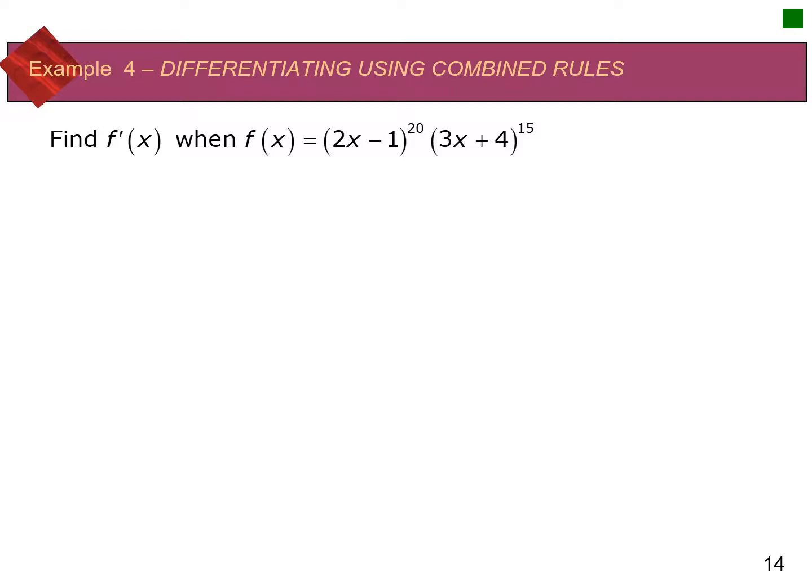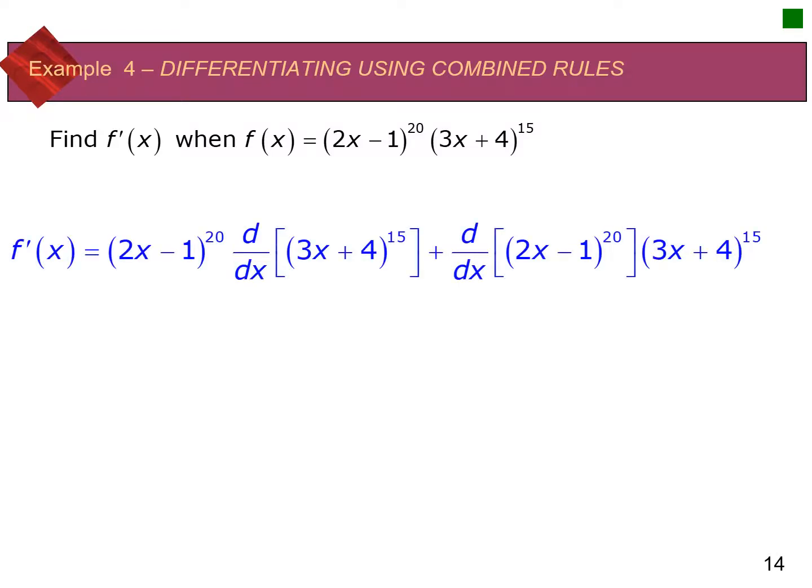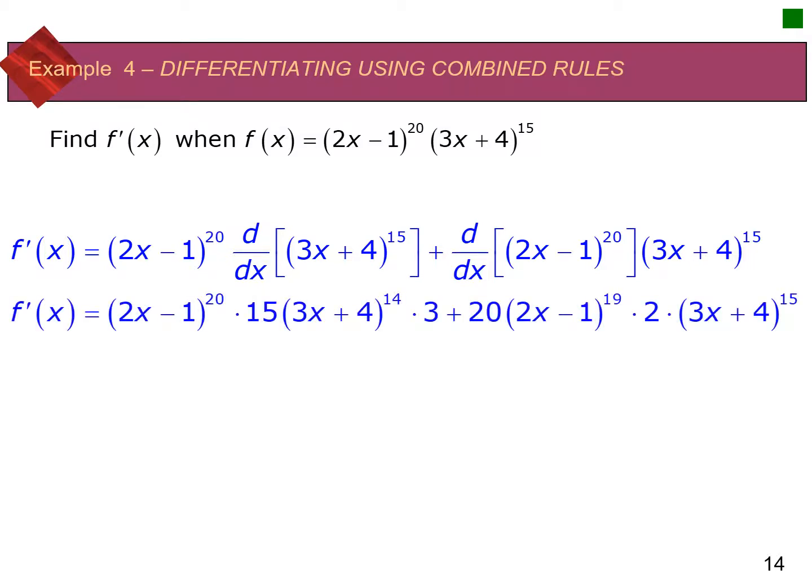So when I set this up and start doing the derivative of f of x, I'm going to do f prime of x. I'm going to do first times derivative of the second, and I'm just showing the notation first, plus the derivative of the first times the second. So when I start rewriting it, now doing the derivatives, when I do the derivative of 3x plus 4 to the 15th, as you can see here, I get the 15 times 3x plus 4 to the 14th power.